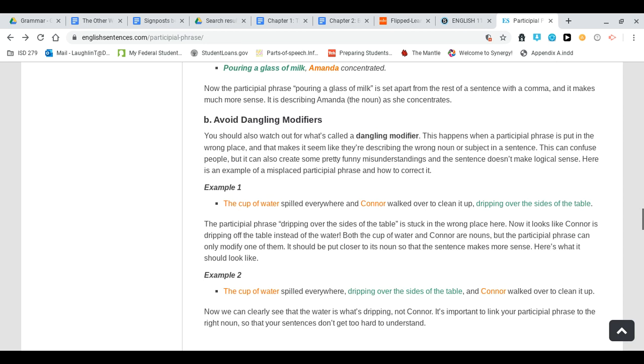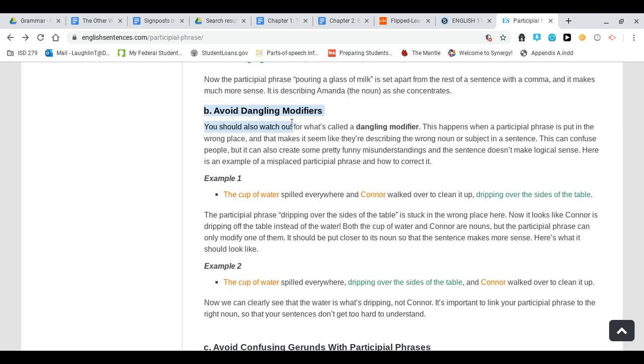Here's the big one. B, avoiding dangling modifiers. This is what I was talking about earlier. When you put the participial phrase a long way in the sentence away from the noun that it's modifying, it makes the sentence sound funny. So the example here is the cup of water spilled everywhere and Connor walked over to clean it up, dripping over the sides of the table.